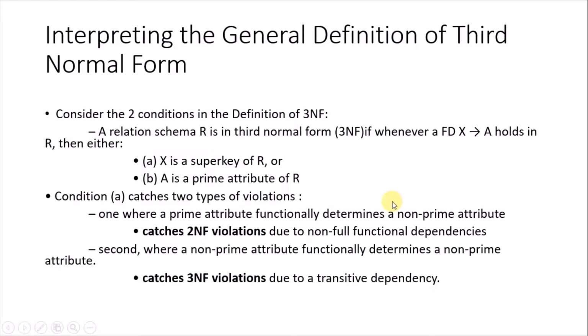So that makes sure that we do not have any partial dependencies, because all the attributes in the keys of this relation form your X. Partial dependency means only part of the key functionally determines some other non-prime attribute.